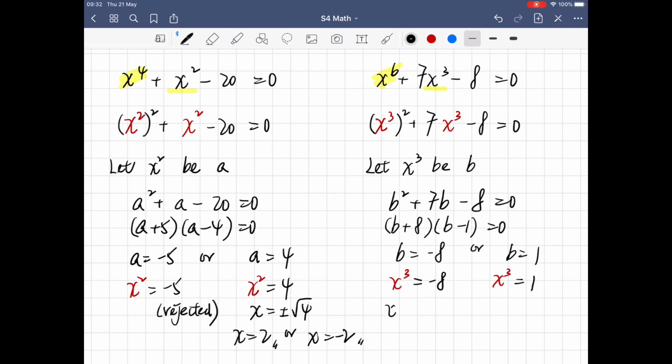This time, it is possible. It is possible for negative 8 to take the cube root. So finally, x equals negative 2, or x equals 1.